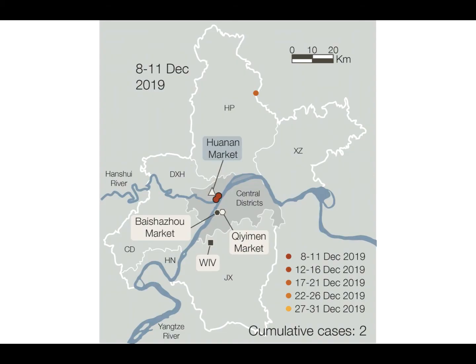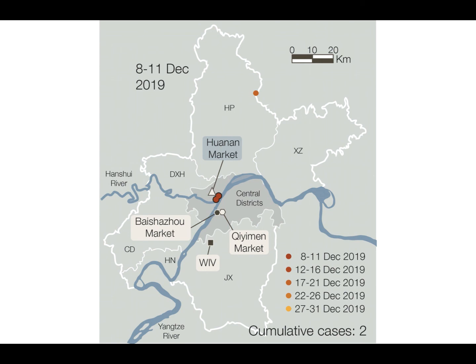So as I indicated in an earlier slide, the virus likely originated in bats and pangolins and wild animals in China and was brought to a market in Wuhan.